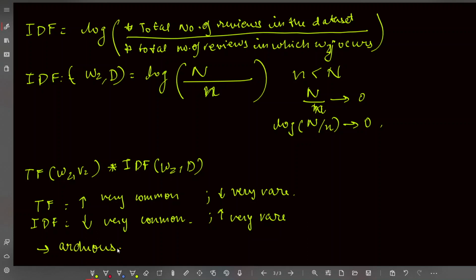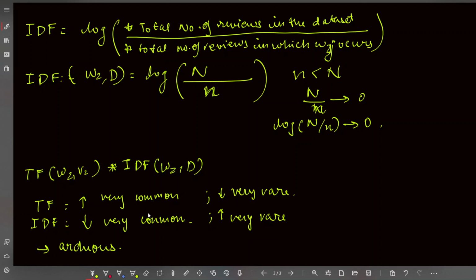This word is not very common, and it's generally also seen in English that words that aren't commonly used have a lot of information in them. So I want to penalize words that occur very commonly, and I also want to express the value of words that are not very common.